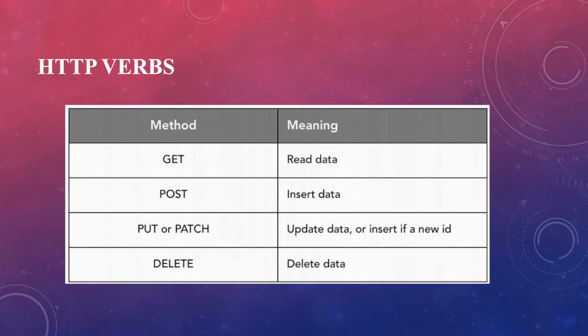Assume that you have a resource and you want to update the complete resource at the server side, then you use PUT. But if you want to update a part of the data, then you use PATCH. Then we have DELETE, which is used to delete the data at the server side.